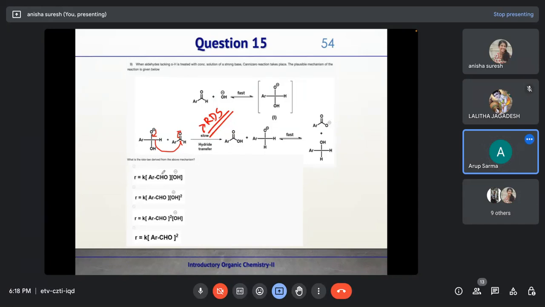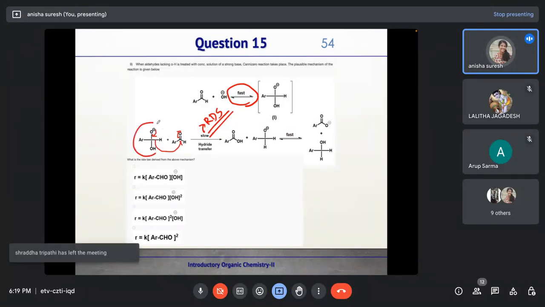First option. Which option? Option 1. But we are having two molecules of ArCHO, because this is not the step, this is the step.